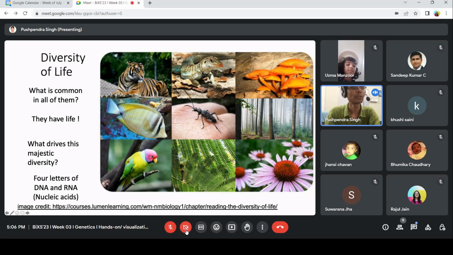They haven't been told. For example, recently there was mango season, so most of you might have enjoyed mangoes, and after that you might have thrown away those seeds. Sometime, in a few days, you would start seeing those seeds growing. So how does the mango seed know that it has to become a mango tree?